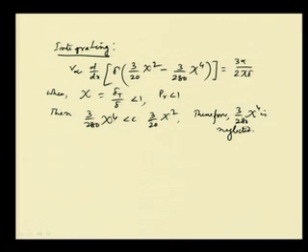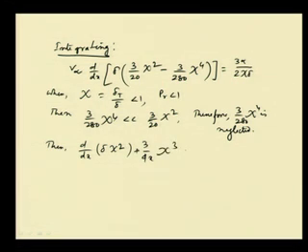Then what we get is d dx of delta into xi square, then plus 3 by 4 x into xi cube is equal to 39 by 56 into alpha by nu into 1 by x.